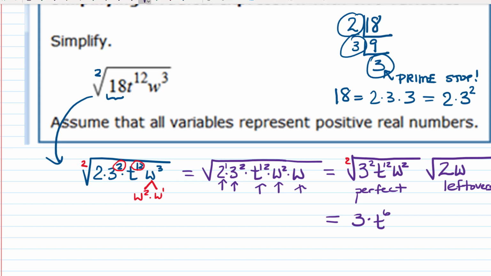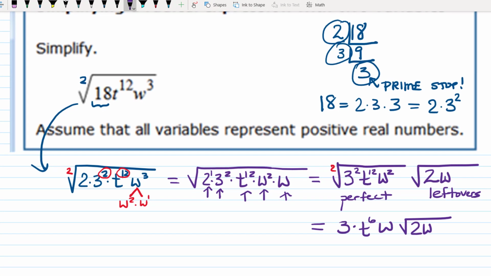And then the square root of w squared, you divide 2 by 2, you get w to the first, or just w. And then you still have that square root of 2w tagging along. So this is your final answer. Usually we won't write the dot for the multiplication. We'll just leave it as 3t to the 6w times the square root of 2w.